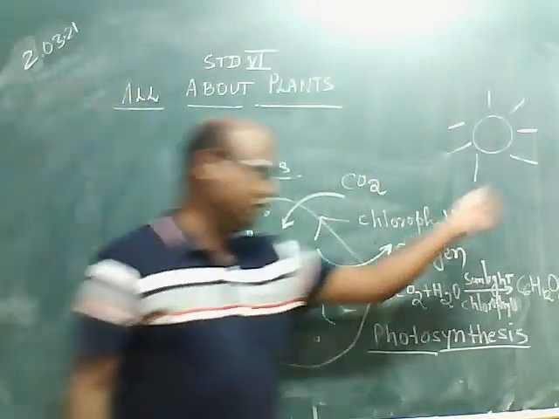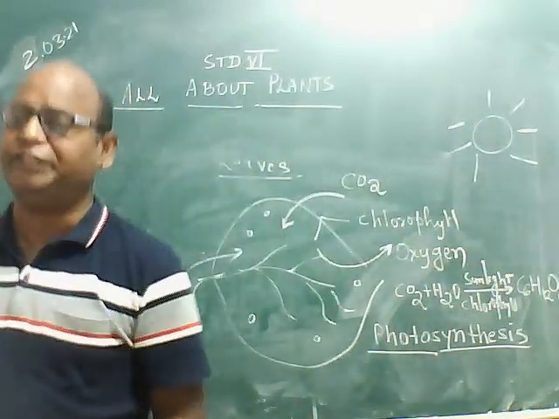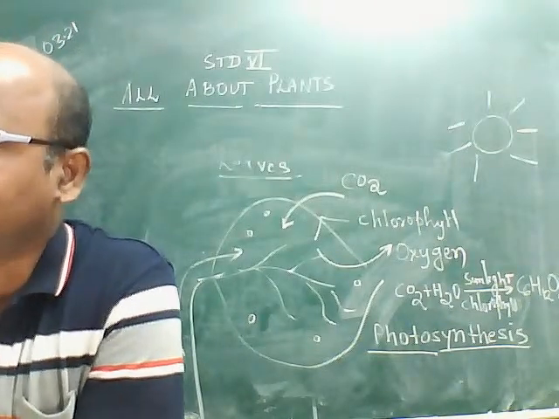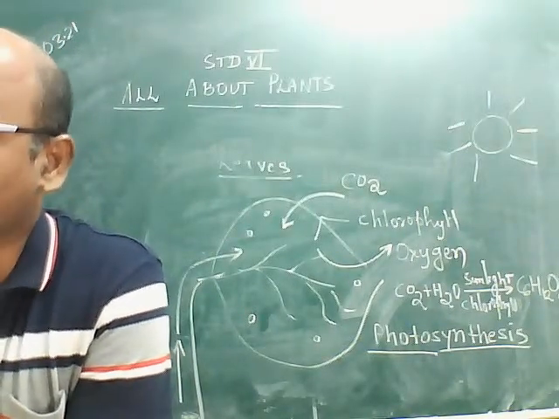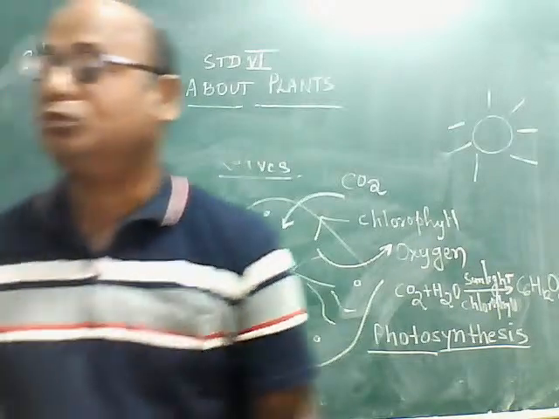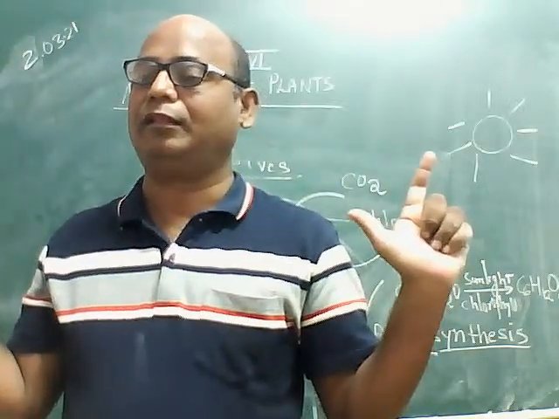Now, this equation all of you know because you studied it: CO2 plus H2O gives C6H12O6 plus O2, the life-giving process photosynthesis. Is it so simple? No, it is not so simple.